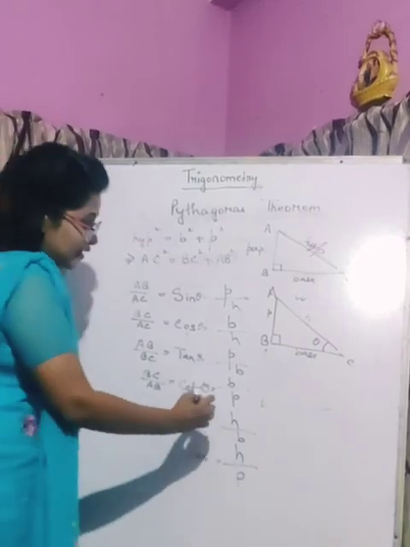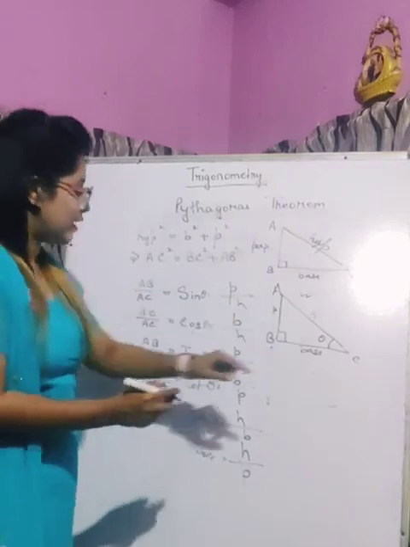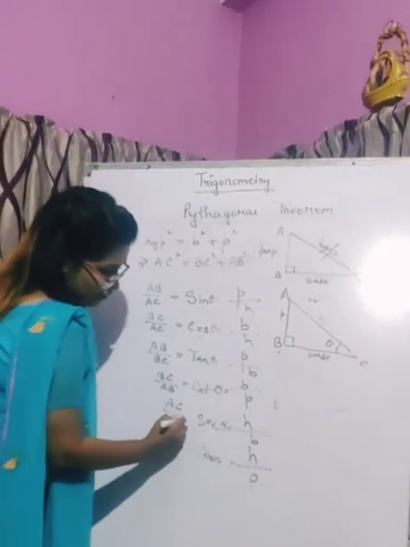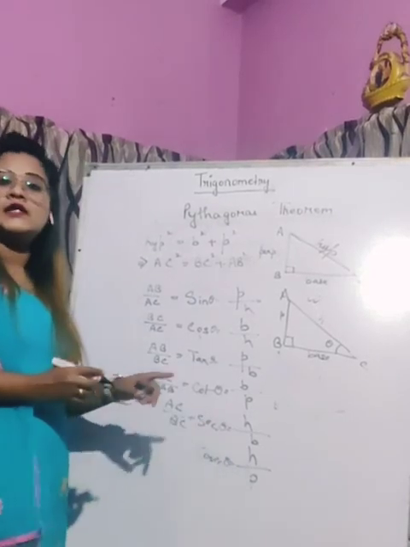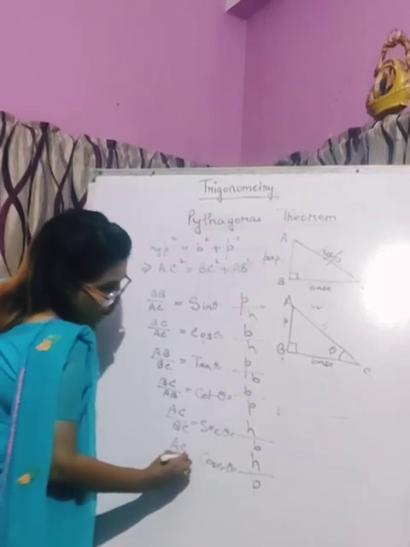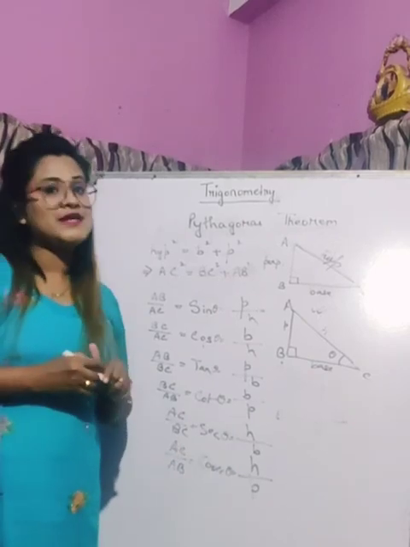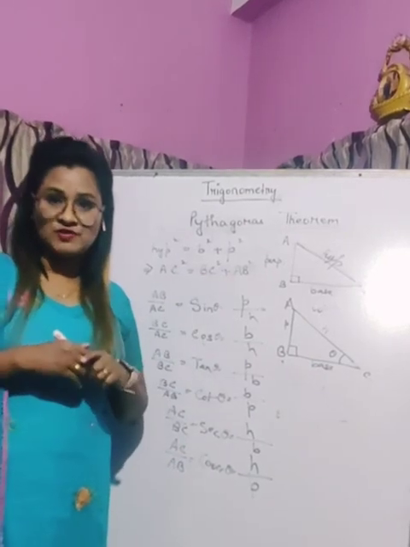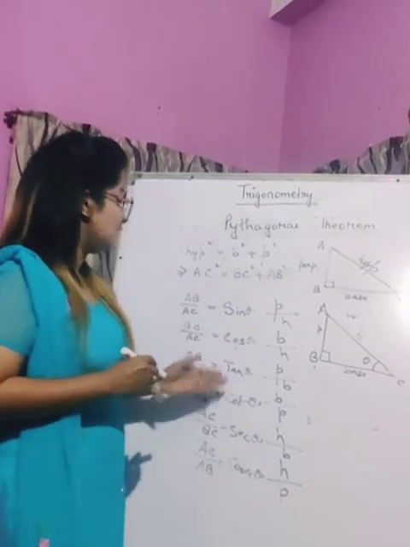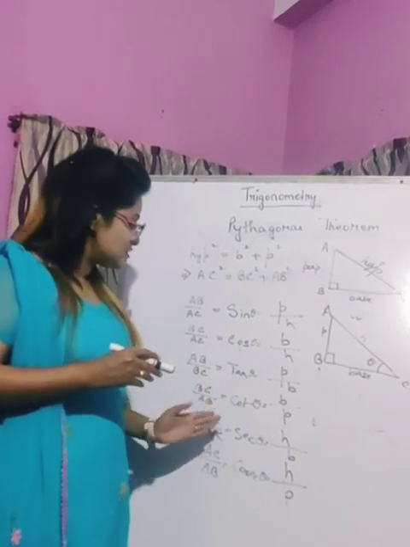Sec theta is hypotenuse by base: hypotenuse is AC and base is BC. And cosec theta is hypotenuse by perpendicular: hypotenuse is AC and perpendicular is AB. So this is how we write down the formulas, and it is very easy to remember them. In our next class, we will learn about the relationship between sine, cos, tan, cot, sec, cosec.